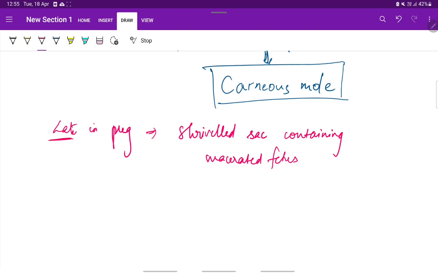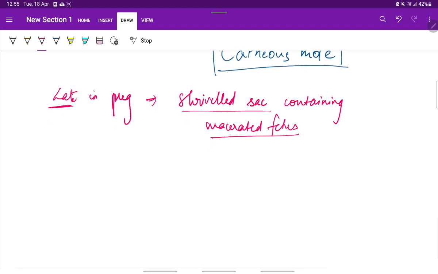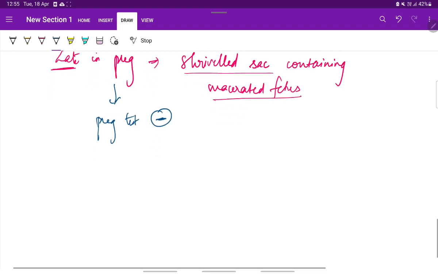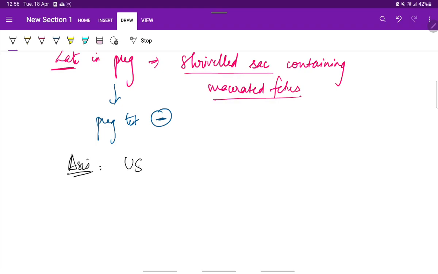And in this stage, the pregnancy test shows negative. The diagnosis is confirmed by ultrasound examination.